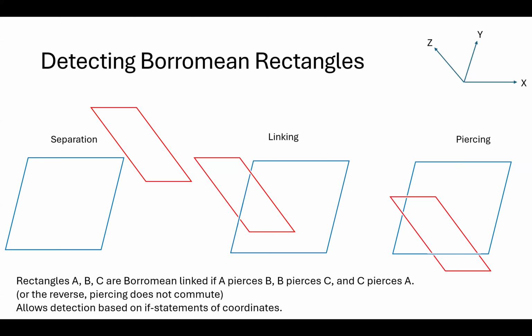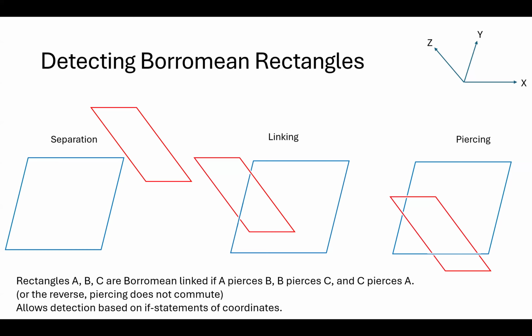So if you have 2 rectangles, they have 3 ways of orienting around each other. Either they can be spatially separated, they can have a Gauss linking number of 1, which is called a Hopf link, or one can go through the other, which I will call piercing. So if you have 3 rectangles, all with mutually perpendicular normal vectors, and A pierces B, and B pierces C, and C pierces A, or the reverse, then they form Borromean links.